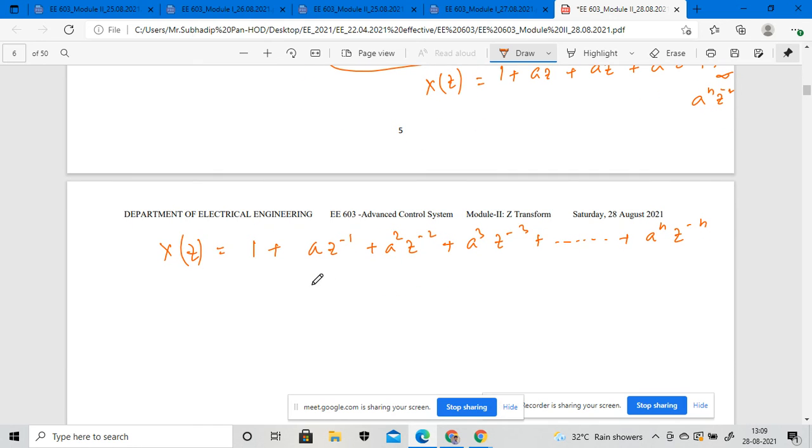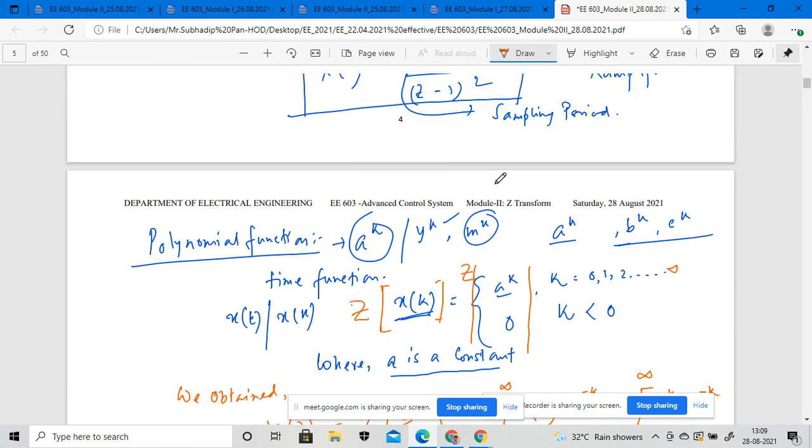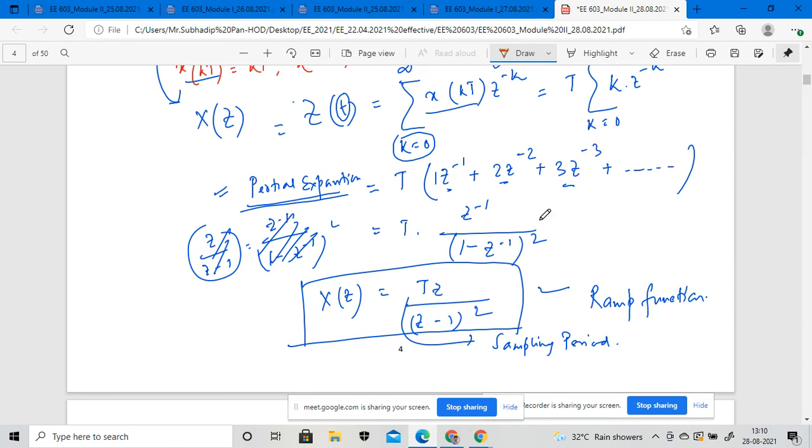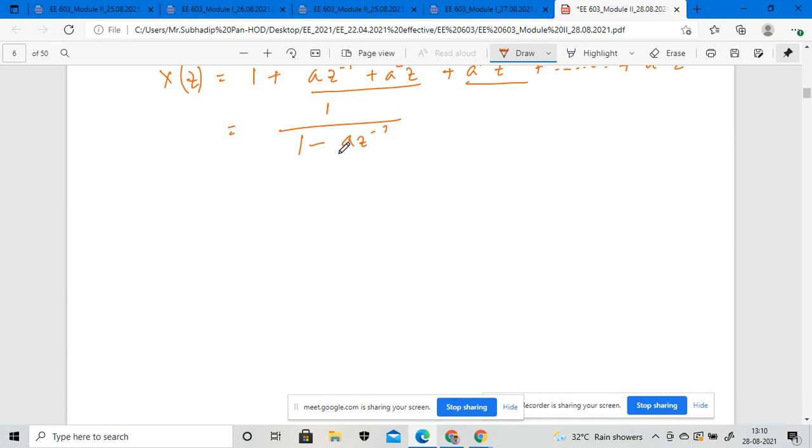If I simplify again, it will come 1 divided by 1 minus a of z inverse, just as we expand these things, where the value of a is the constant term. Then it will simplify to z minus a.